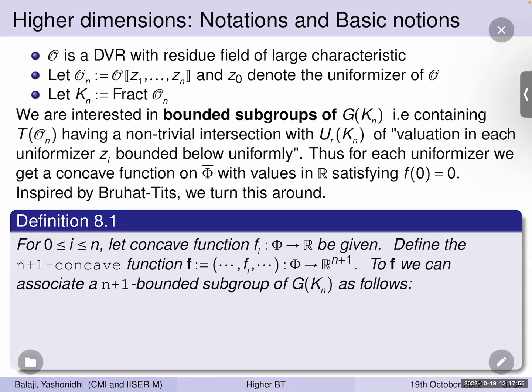To boldface f, we can associate an (n+1) bounded subgroup of G(K_n) as follows. It is a subgroup of G(K_n) generated by O_n-valued points of the maximal torus T, and for every root r in Phi, the root group U_r has almost O_n-valued points, except that we demand that each uniformizer z_i must have a zero of order at least f_i(r).